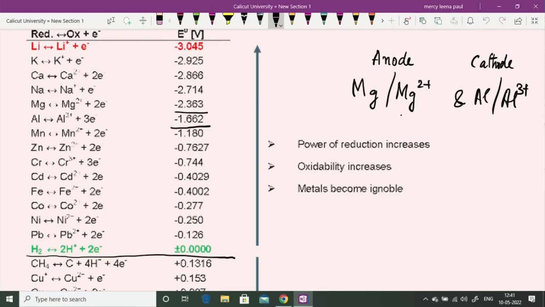Those which have a tendency to get oxidized give their electrons out and reduce the other elements. So, a substance which gets itself oxidized is a reducing agent, and one which likes to get reduced acts as an oxidizing agent. So, that is about the electrochemical series.